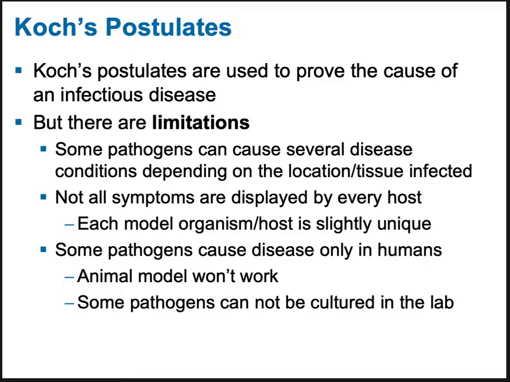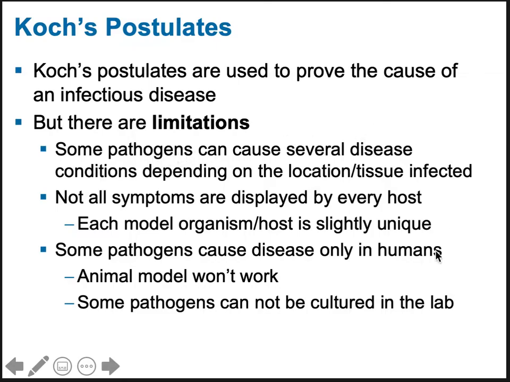So this brings up another really important concept that we introduced in chapter 1, and that is that pathogens are host specific. So that's another big limitation, okay? So some pathogens cause disease only in humans because they're host specific. Some pathogens cannot be cultured in the lab. And then you have, what about the different locations of the body causing different diseases, but same pathogen.